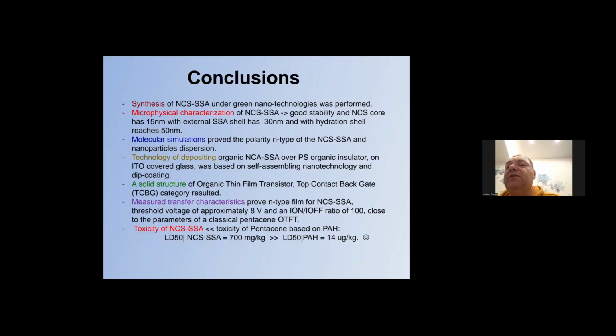The on/off current ratio is 100, close to the parameters of a classical pentacene organic transistor. And we have the advantage that the toxicity of the nanocore-shell is much less than the toxicity of pentacene, as you see in the values put here.